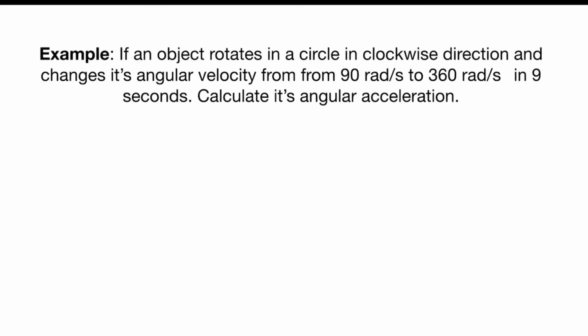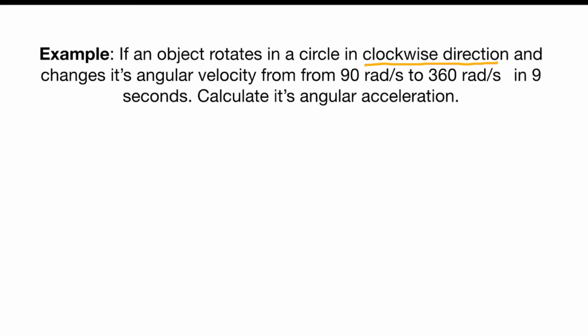If an object rotates in a circle in clockwise direction and changes its angular velocity from 90 radians per second to 360 radians per second in 9 seconds, calculate its angular acceleration. So here the first thing is the object is moving in clockwise direction, that is a negative direction.